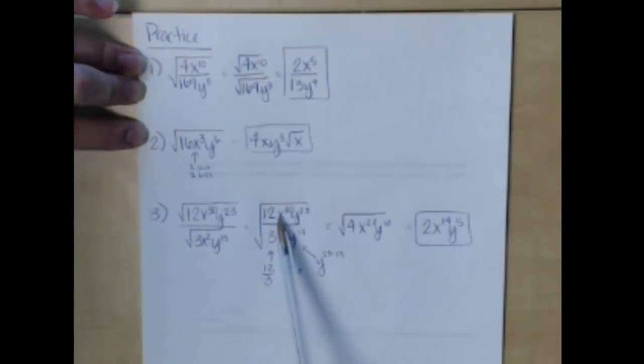I can combine my x's by subtracting their exponents, which gives me x to the 28th. And then I can combine my y's by subtracting their exponents, which leaves me with y to the 10th. And then I just simplify. The square root of 4x to the 28th y to the 10th becomes 2x to the 14th y to the 5th.